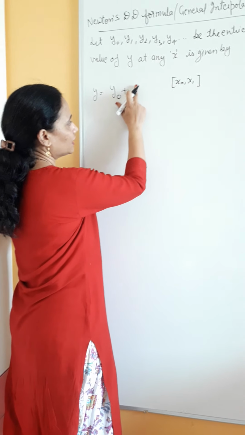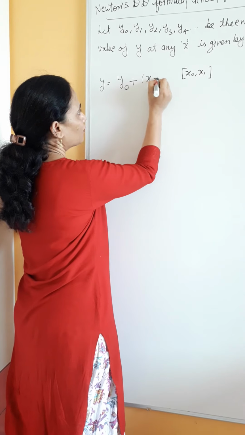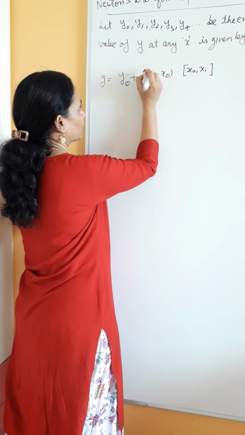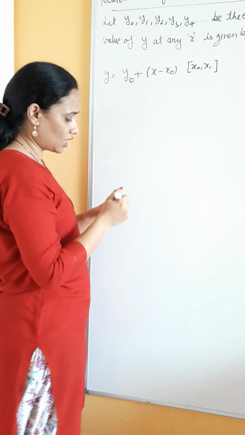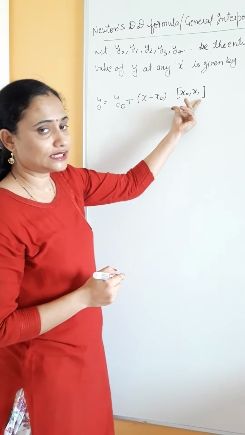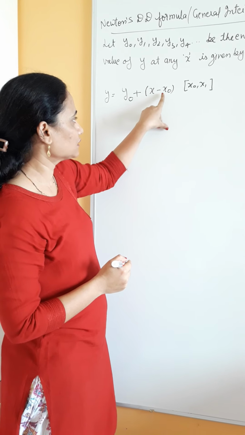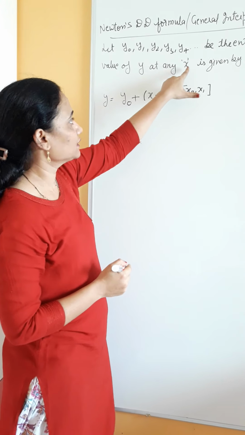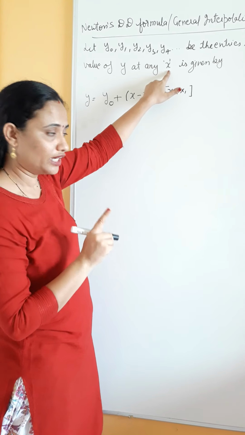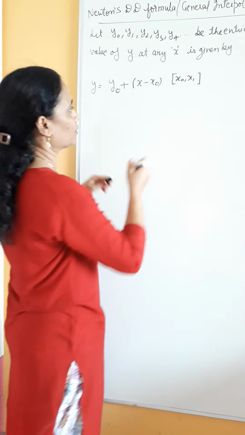Now what value comes here? We write x minus x0. So in this formula, we start with y0 plus the first difference x0, x1. Then we write the factor x minus x0. What is x? This is the value given at which we have to find y. What is x0? That is given in the data. So that is the second term.